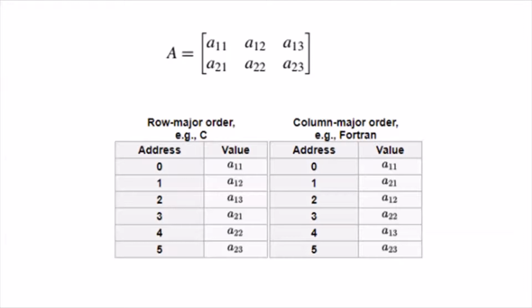If we consider the addresses to range from 0 to 5, in case of row major order, the values stored in the addresses will be A11, A12, A13, A21, A22 and A23 in the corresponding addresses. However, in case of column major ordering, A11 will go to address 0, A21 will go to address 1, A12 will go to address 2 and A22 will go to address 3, A13 will go to address 4 and A23 will go to address 5.